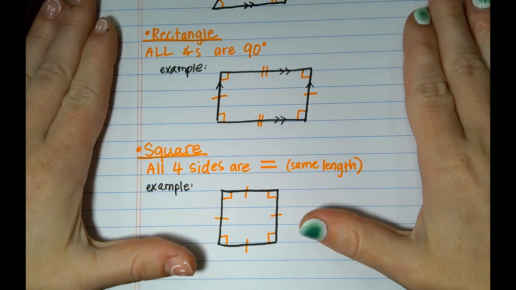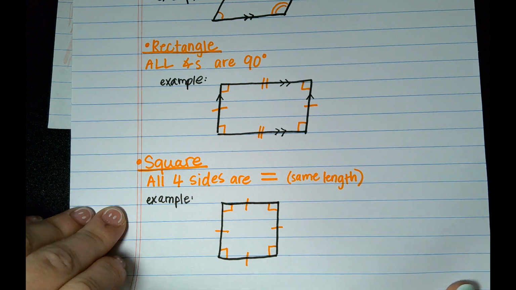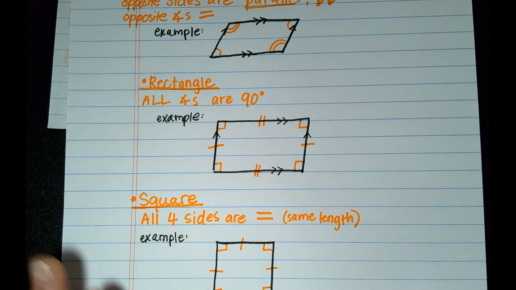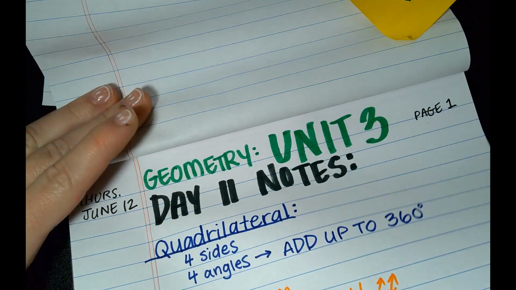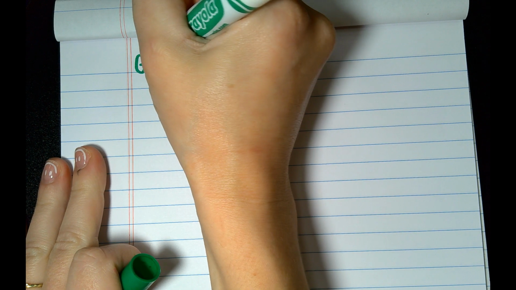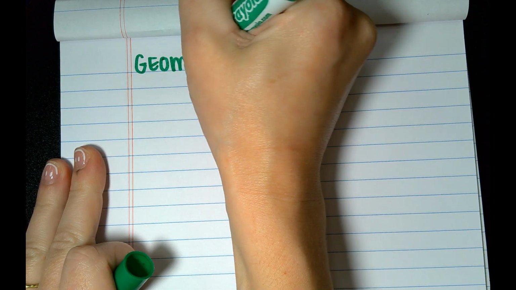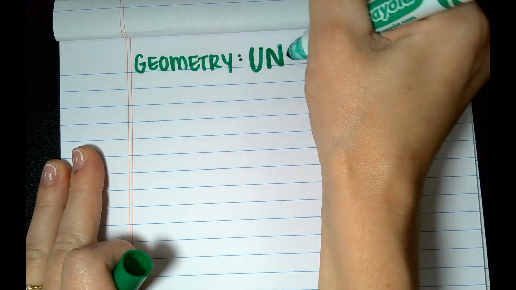Okay, so these are the quadrilaterals I'm showing you today for now. And with these quadrilaterals, I'm going to go to the next page. And we're going to learn 2 new words. So I'm going to title this again, Geometry Unit 3 again.